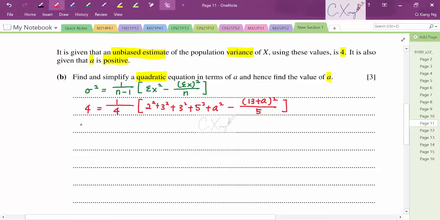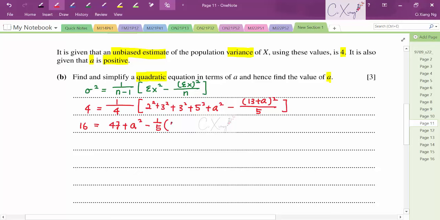And now we are trying to simplify everything, to form a quadratic equation in terms of a. So I bring the 4 over and add all the values here, and I get 47 plus a squared, minus 1 over 5. I take it in front first and then expand 13 plus a squared.